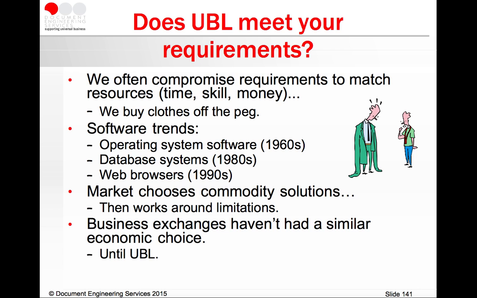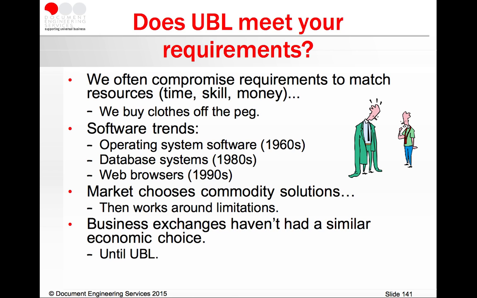There was a time when everybody thought they had to have their own operating system, a time when everybody thought they had to have their own database, and a time when everyone thought they needed to have their own browsers. And we've gradually rationalized into a smaller number of those things. That's because the market chooses commodities that best meet their requirement and works around their limitations. Accounting software is another case in point.